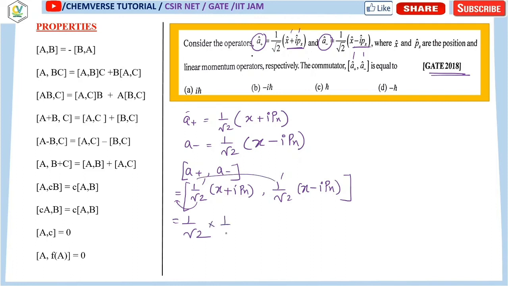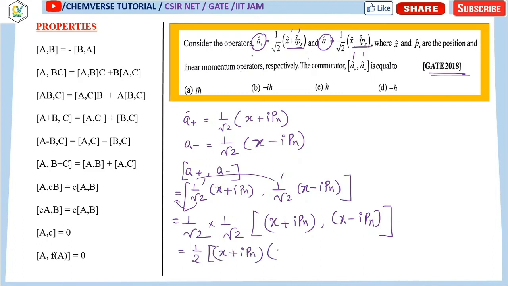It is 1 by root 2 into 1 by root 2, which is half, times the commutator of x plus i px and x minus i px.